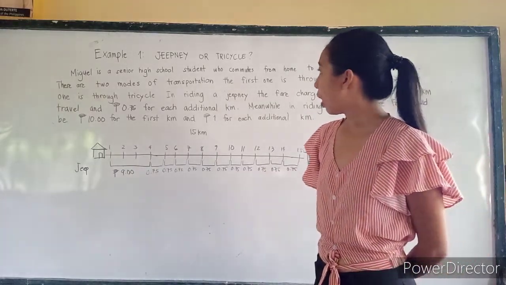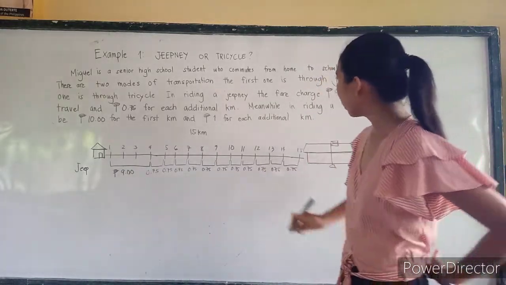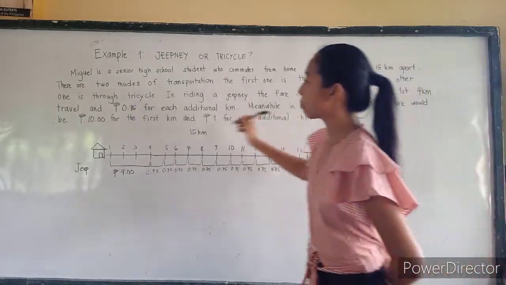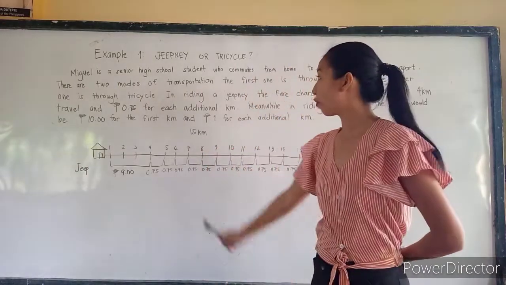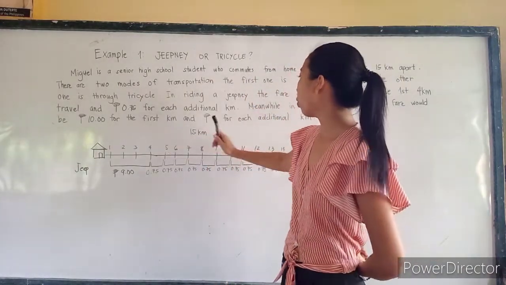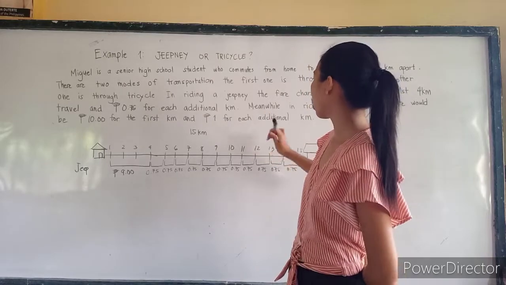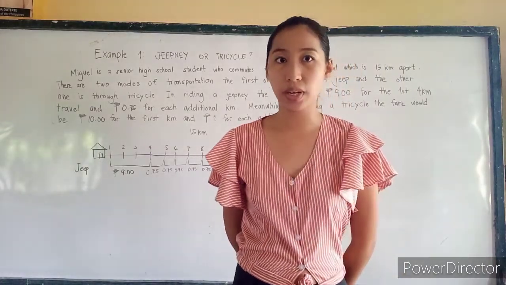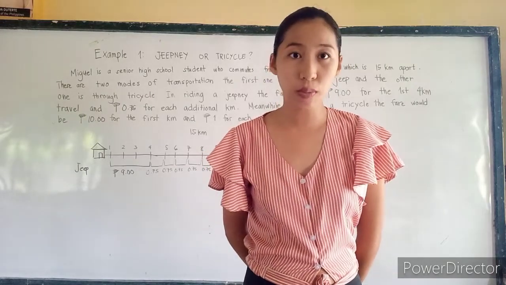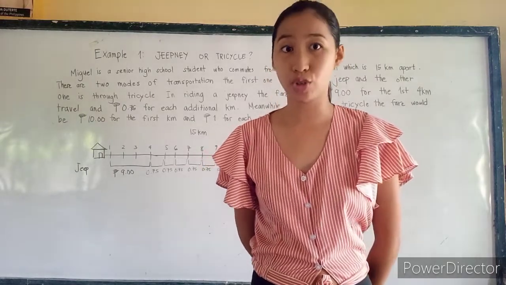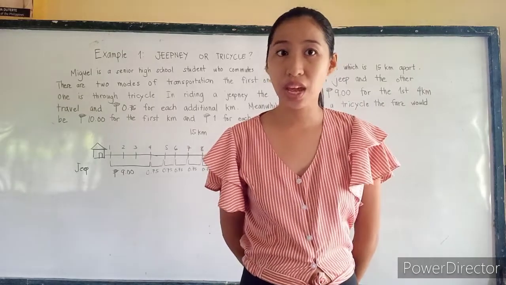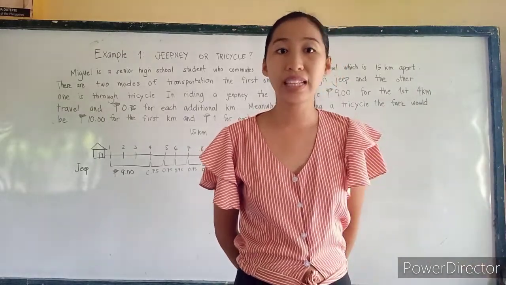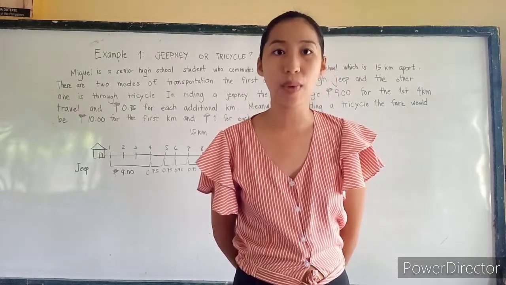Now, let's proceed to our next sentence. Meanwhile, in riding a tricycle, the fare would be 10 pesos for the first kilometer and 1 peso for each additional kilometer. So, kung masakay daw siya tricycle or pedicab, ang first na kilometro is mubayad na kadaan og 10 pesos. And then, pag mag-add ka, nagpalayo, mag-add ka og piso kada kilometro nga additional.